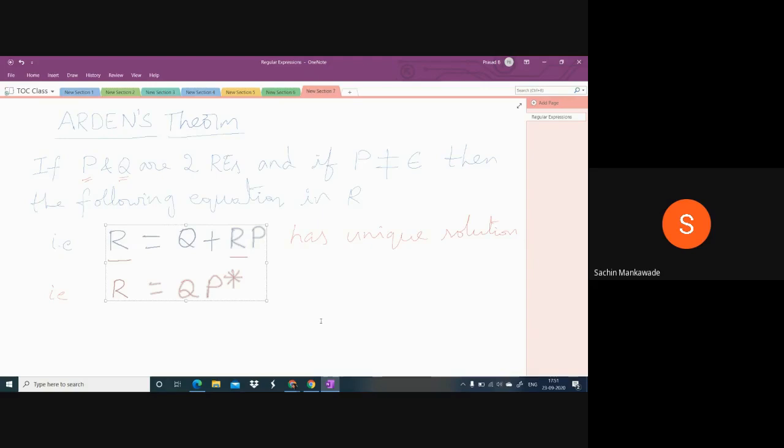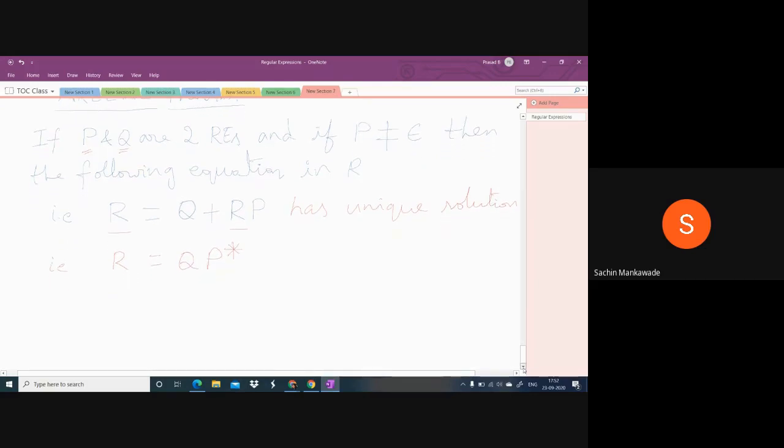Now, based on this, if a diagram is given, we will construct the expression.